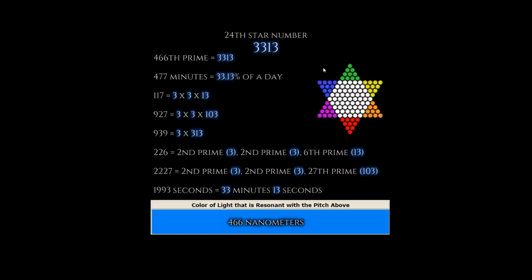But if you look at this 3313, I have 9 ways here that you can encode the 3313. The 466th prime is 3313, and this color blue, which is 466 nanometers, goes back to our blue skin of Kali.